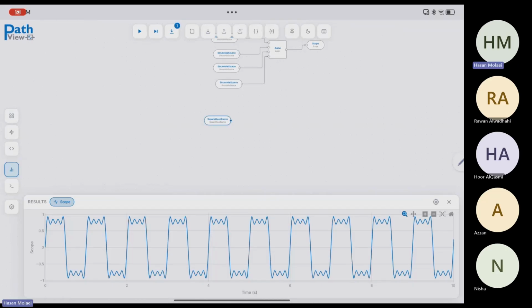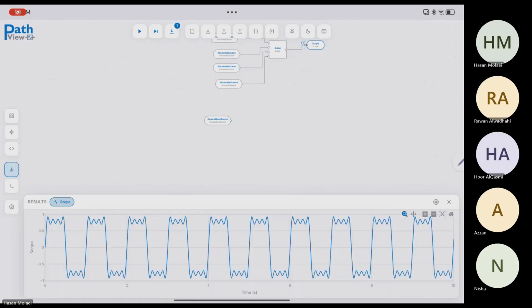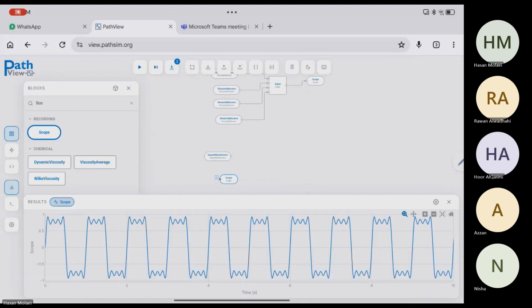Now suppose we have one square wave signal. Let me add one. So this is a perfect square wave.